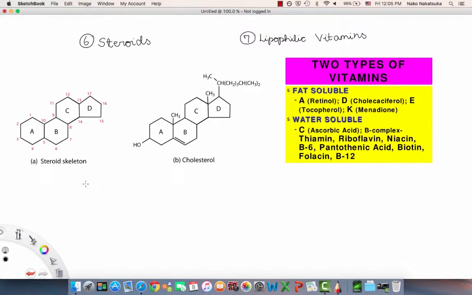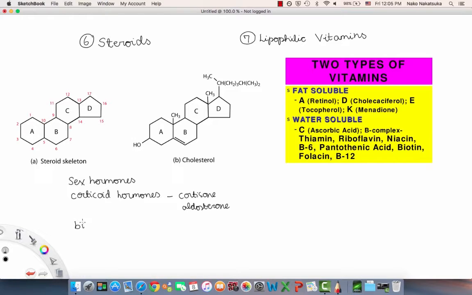Steroids can be categorized into several different categories, such as sex hormones, such as testosterone and estrone, as well as corticoid hormones, and these regulate metabolic processes such as cortisone and aldosterone. Cortisone is responsible for controlling inflammation, and aldosterone controls sodium and potassium ion balance.